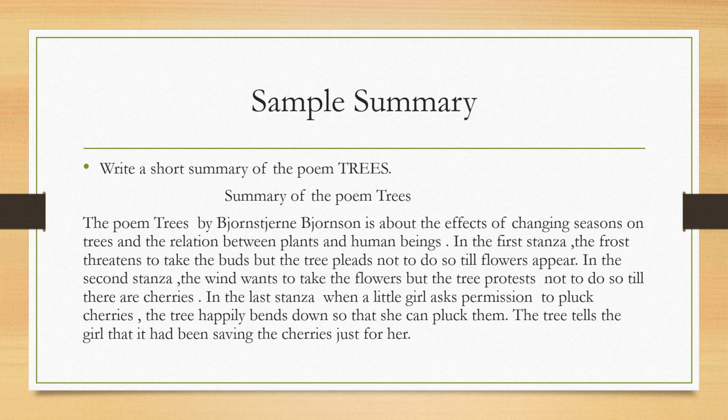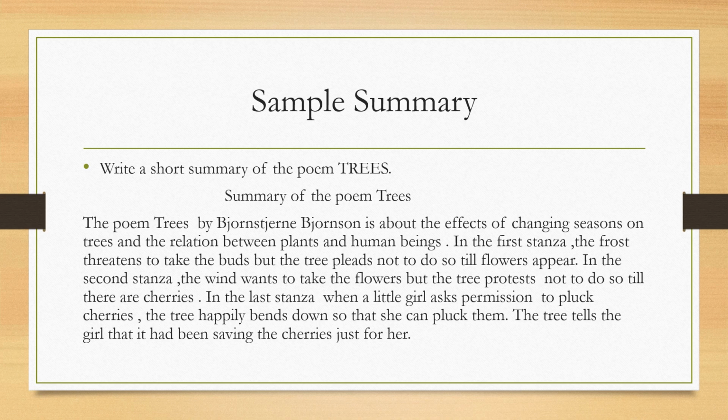Now you can see the poem has three stanzas of 5 lines. So how many lines does this poem have? It has 15 lines. And we are supposed to write almost one third of the original text. So we have taken first the main sentence, which tells us the name of the poem, the name of the poet, and what the poem is about.